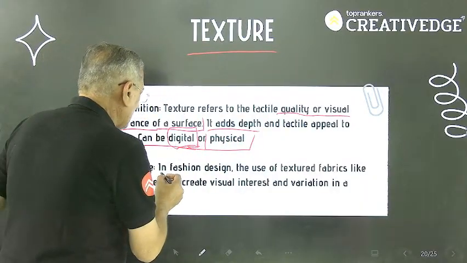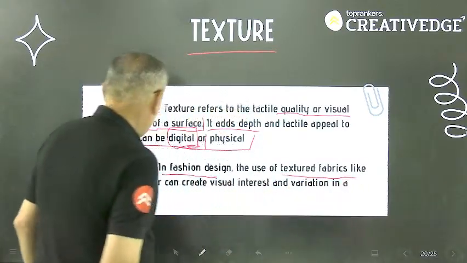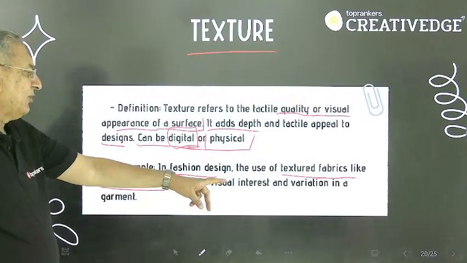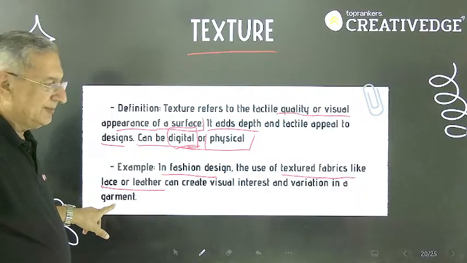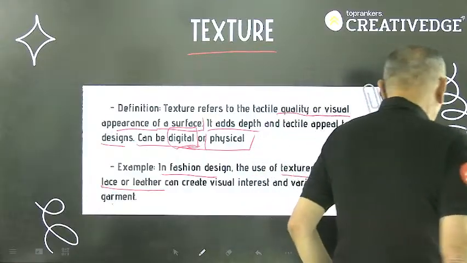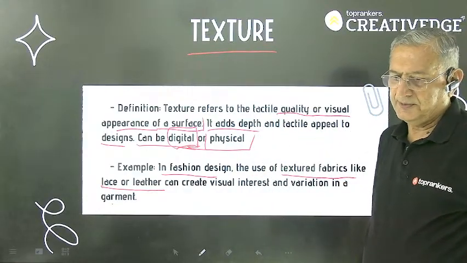Example, in fashion design, the use of textured fabric like lace or leather can create visual interest and variation in a garment. Now, the same can be experienced with a satin cloth.